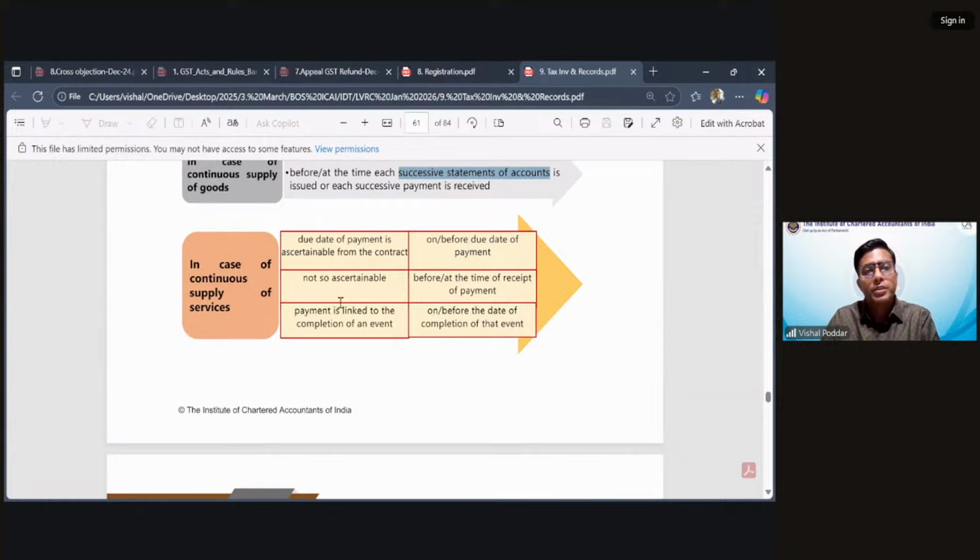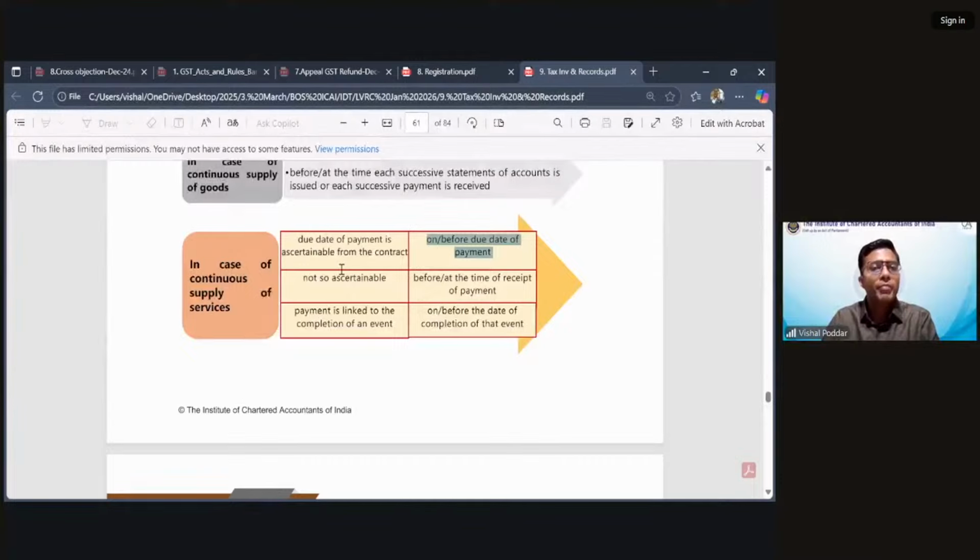In such cases, the contract or agreement will have some due date provided for making payment. So if there is a due date provided in the contract or agreement for making the payment, then the invoice has to be issued on or before the due date. Whether you make the payment or not, that is a different thing.